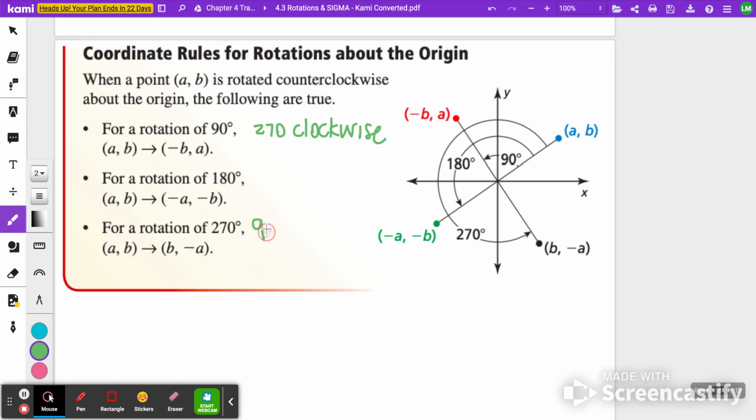This would also be the same thing as a 90-degree clockwise rotation. Okay, so those are the things we want to pay attention to. We're going to use these all throughout, but make sure you also understand that 90 degrees counterclockwise is 270 clockwise, and 270 counterclockwise can be 90 degrees clockwise.